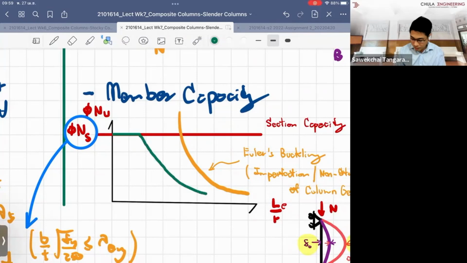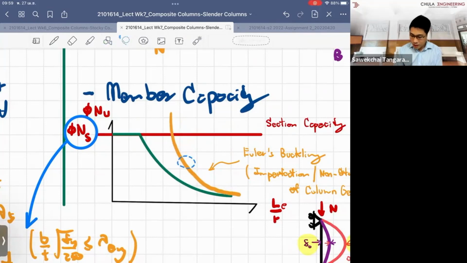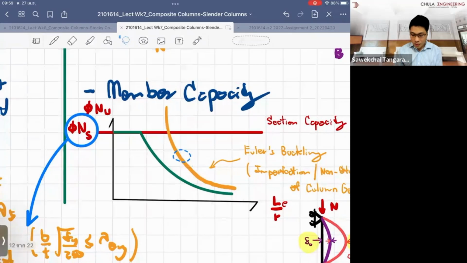This comes and sits behind what is called the Euler buckling, because they're saying that the theoretical Euler buckling is not conservative, it overestimates the strength. So that's why they have to adjust the secondary effect a bit more.